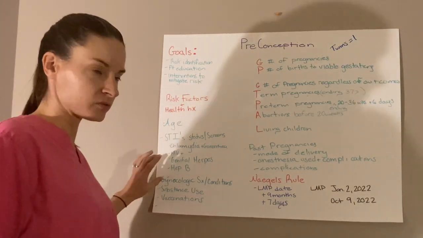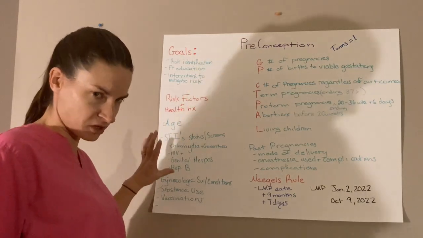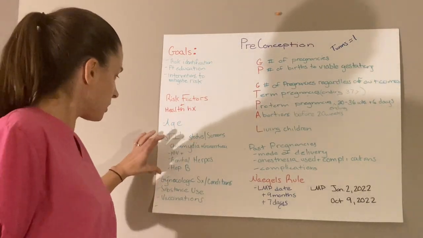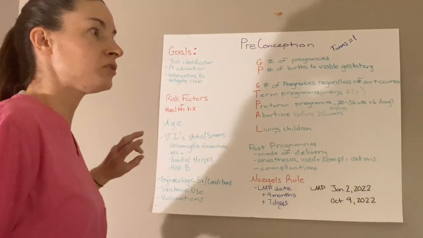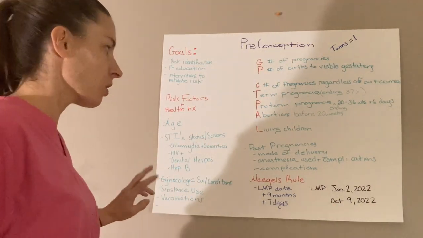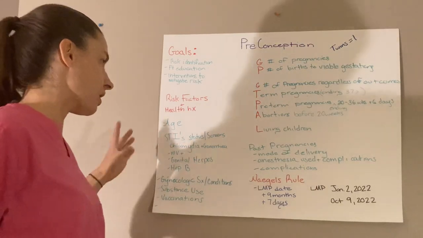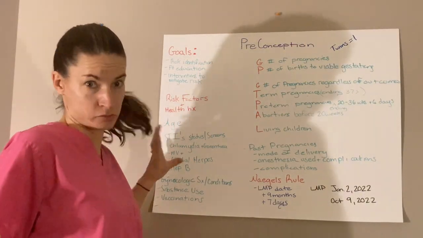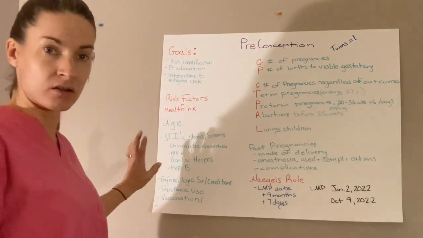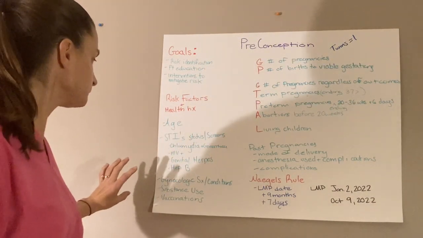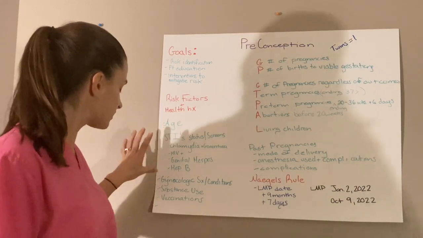Are they diagnosed with any of these? Have they had a history of any of these? Are they positive now? Do they need a screen? If they feel it's a possibility, then we would screen for them as long as the provider allows that. So that's it with STIs.